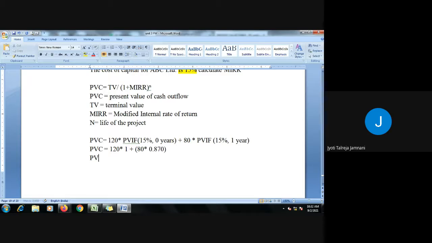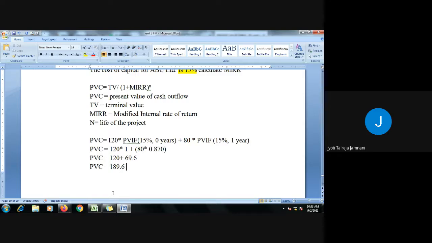Present value of cost is equal to 120 plus 80 into 0.870, 69.6. So present value of cost will be equal to 189.6. This is the first thing of the problem that we have got.